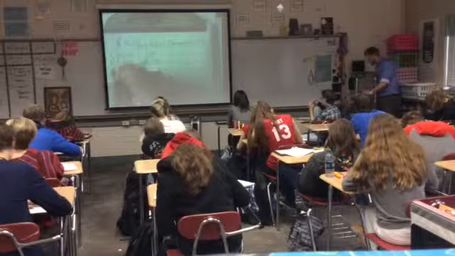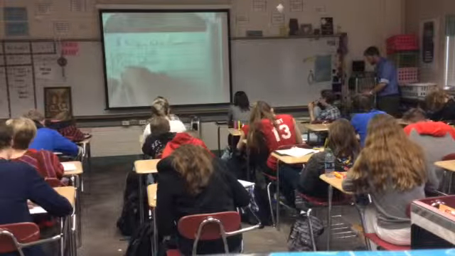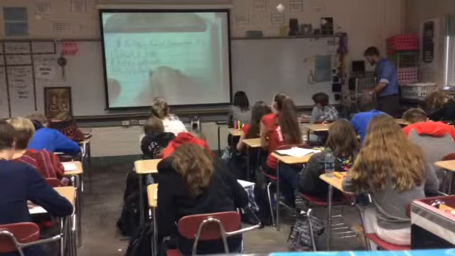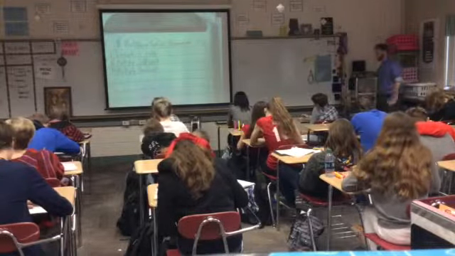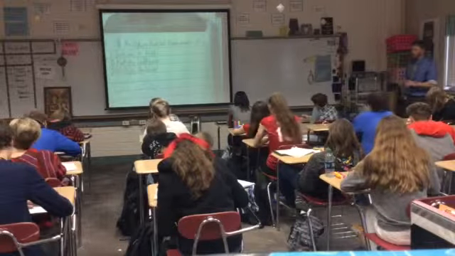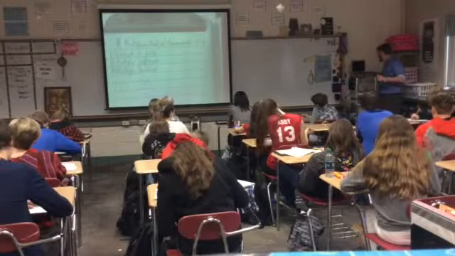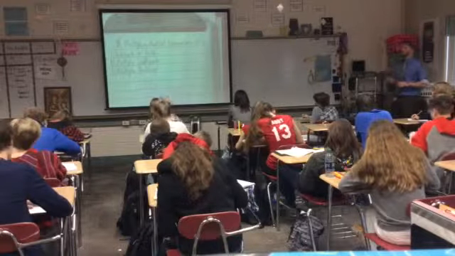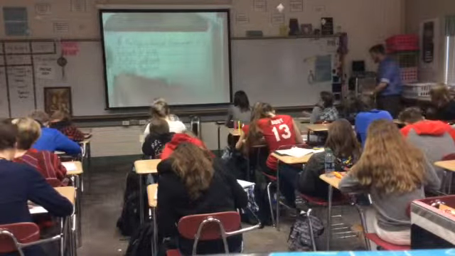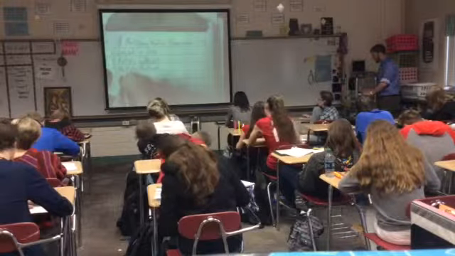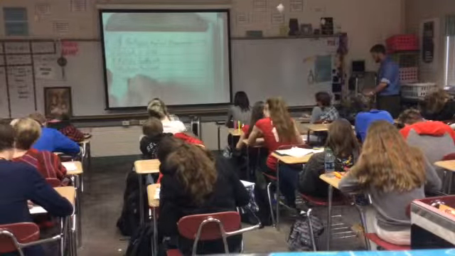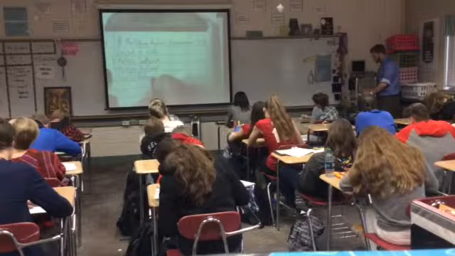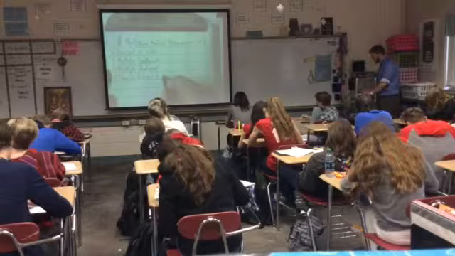So step 3, multiply our radicand. And our last step, simplify the radicand. Our last step will be simplify and combine like terms today. So simplify radicand, and combine like terms.